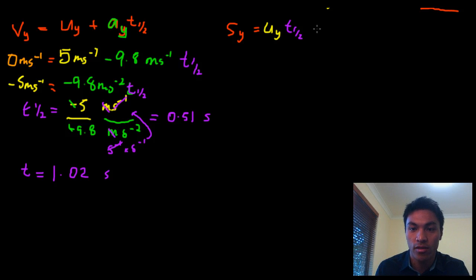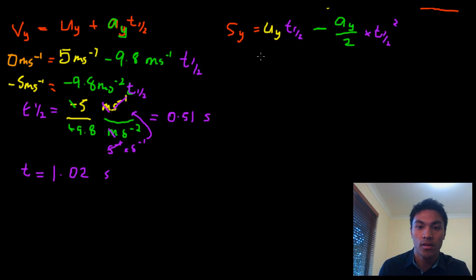So I'm already going to do here minus our acceleration in the y direction divided by 2. So remember, half a, and then multiply that by t half squared.